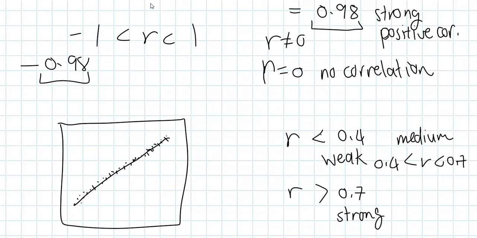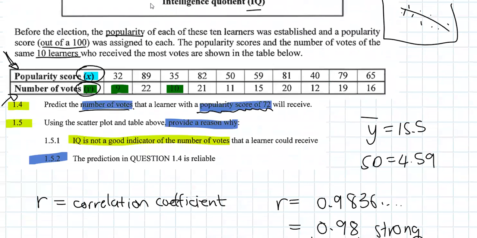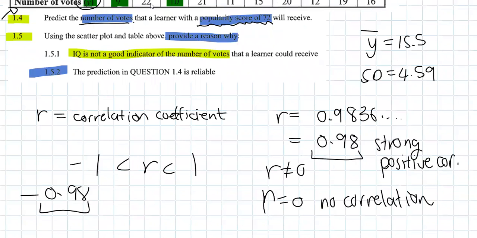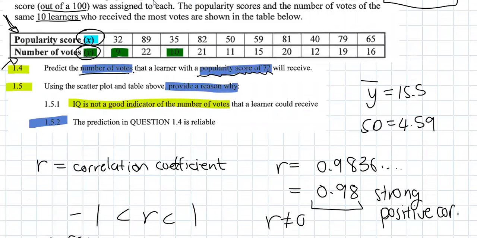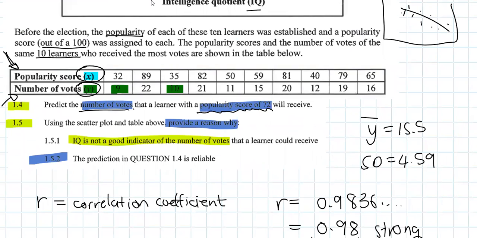In most of the exams, you must know if it's negative or positive, and you must know if it's strong or weak. So to answer the question, it asks to provide a reason why.